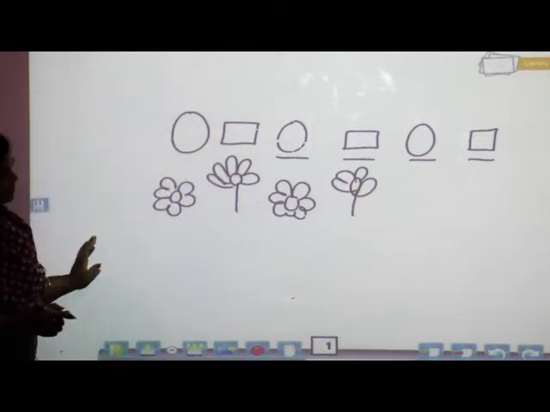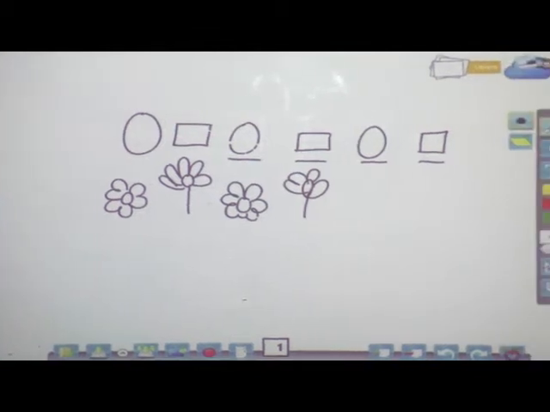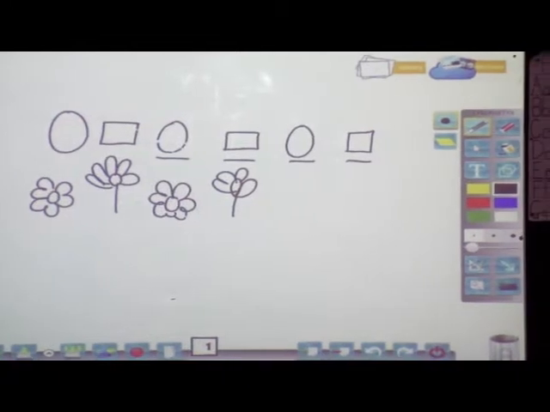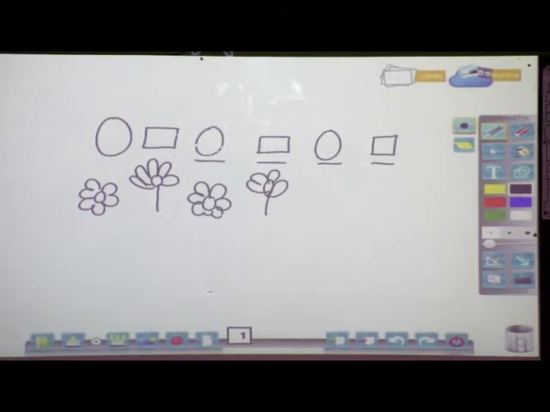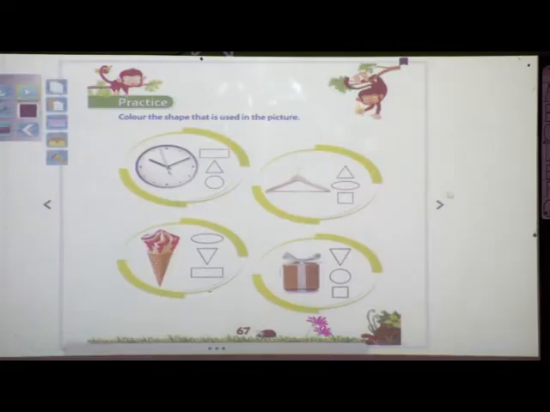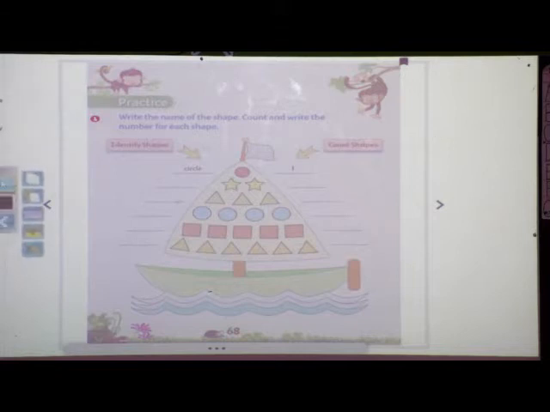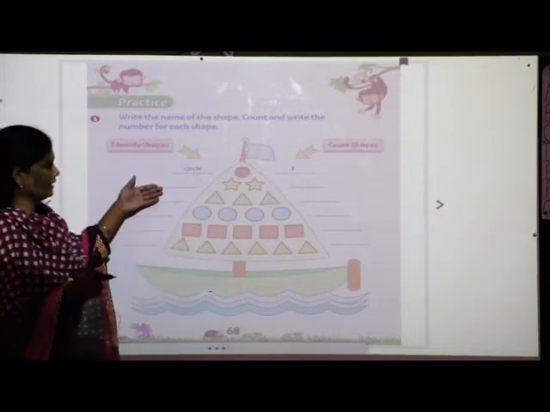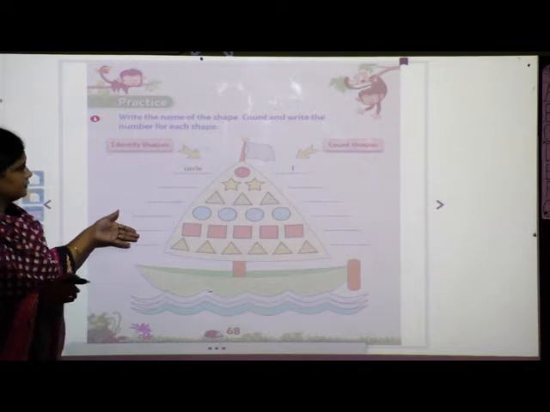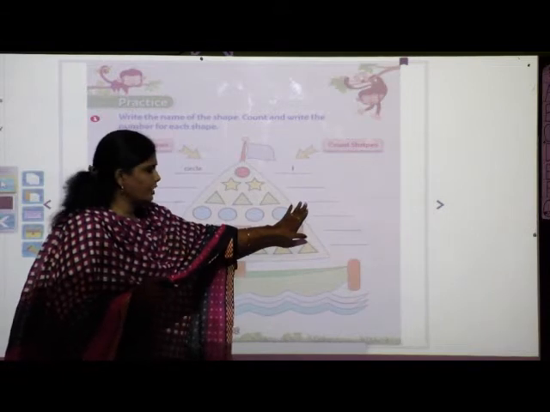Okay, so open the next page, that is page number 68. As we have to write, see here the pictures, and then we have to write here the name of that shape and here the number of shapes.